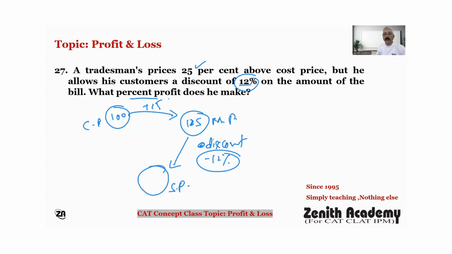So 125 minus 15 is 110. आप देखिए 100 रुपए की कॉस्ट पे सेलिंग प्राइस 110 है, so there is a profit of 10%. इस तरीके से आप एक छोटा सा चार्ट बना करके जल्दी कर सकते हो, ठीक? इसको दूसरे क्वेश्चन में भी अप्लाई करते हैं, बेनिफिट होगा.